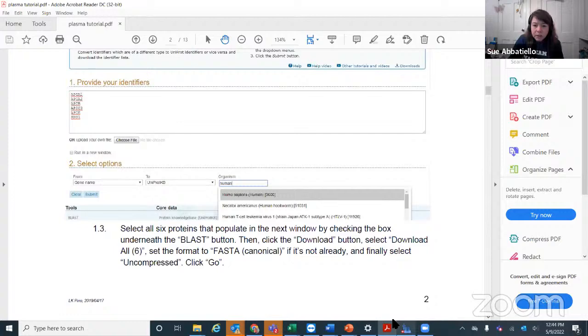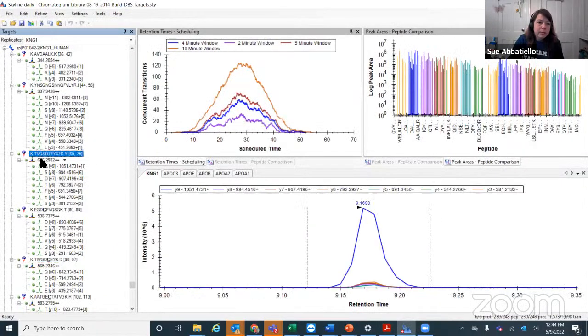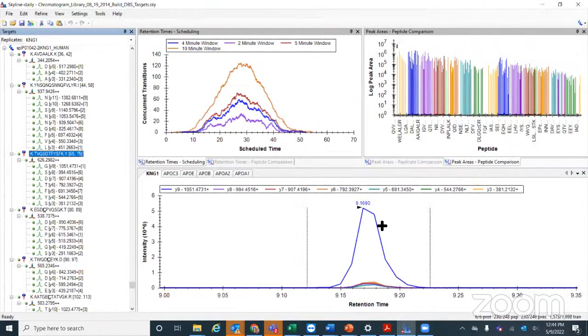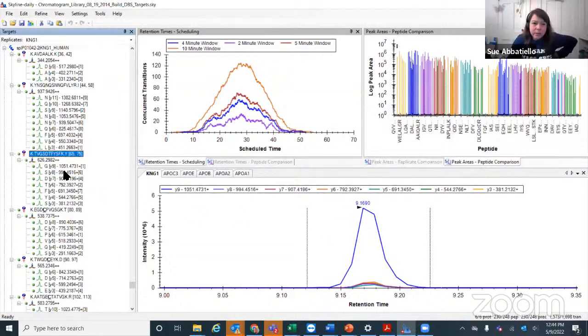Usually the way I like to look at it, I'll just share my screen real quick and look at the Skyline file. So for people who are wondering what Lee's talking about. Yeah, so this is a Y9, which is the most intense. I like to try to see that the other product ions are at least 10% of the biggest one.